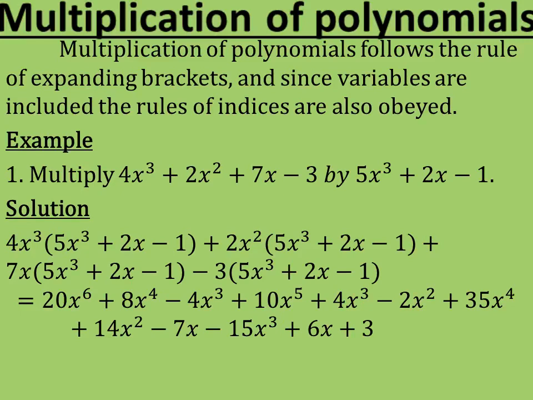Now 4x raised to power 3 times minus 1 will give us minus 4x raised to power 3. 2x squared multiplied by 5x raised to power 3 is going to give us 10x raised to power 5.